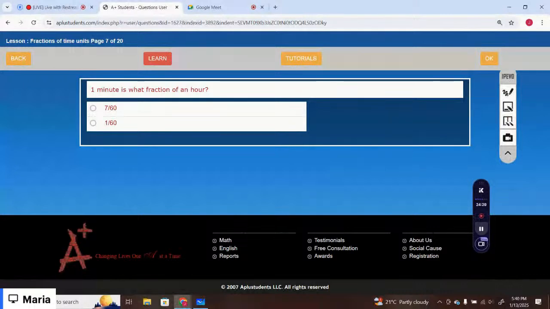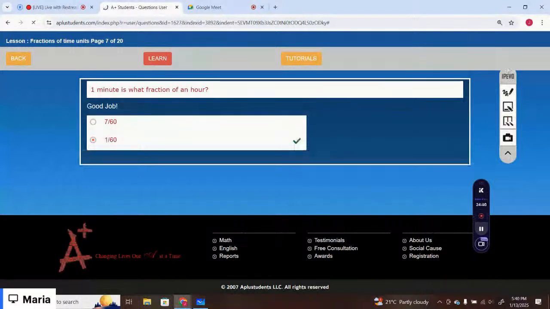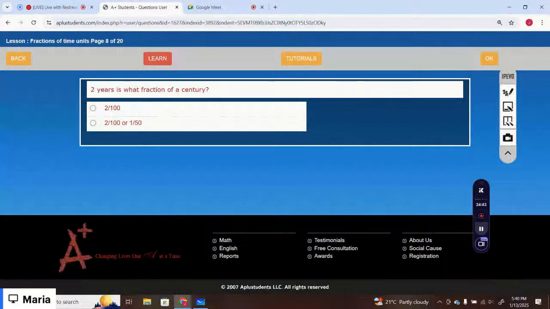One minute is what fraction of an hour? Option number 2, it is 1 by 60. 2 years is what fraction of a century? That is 2 by 100 or 1 by 50.